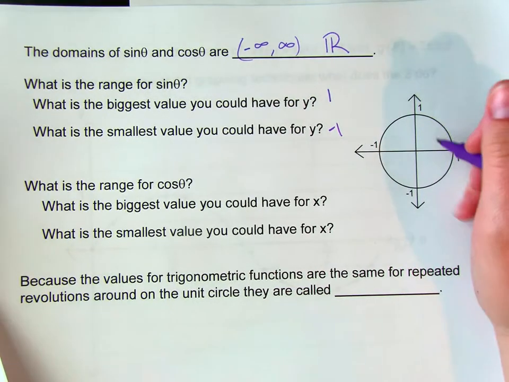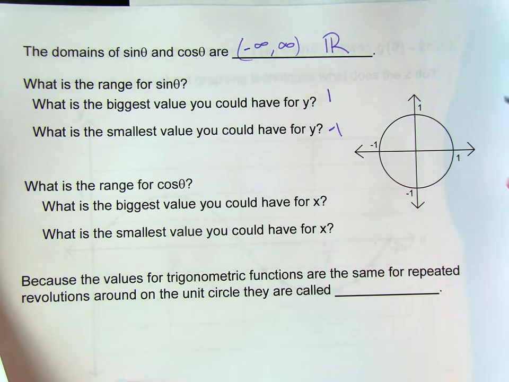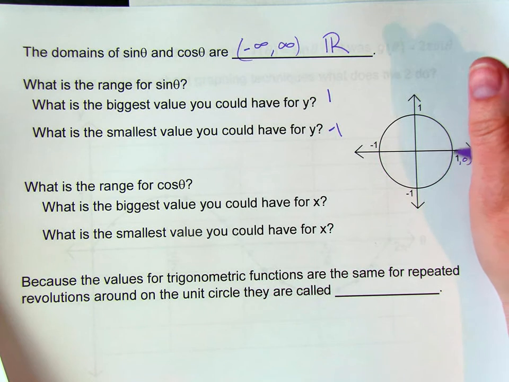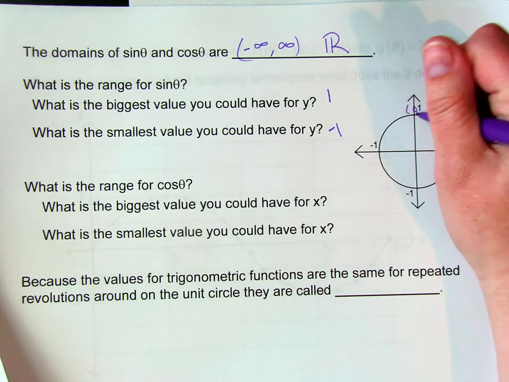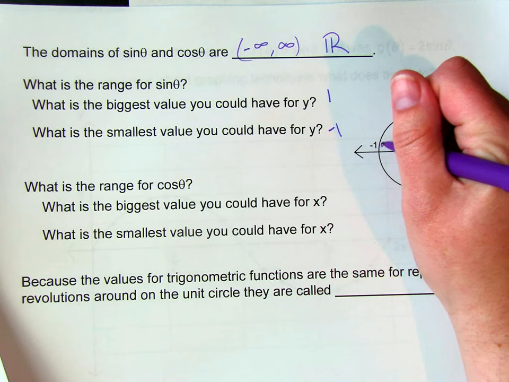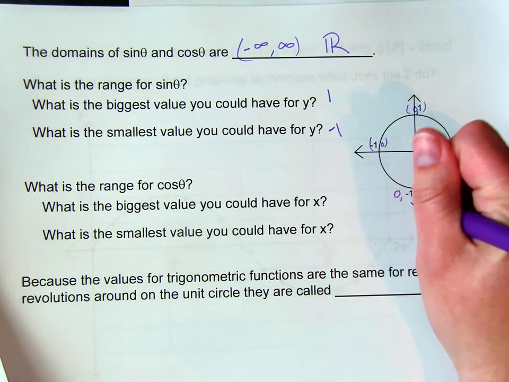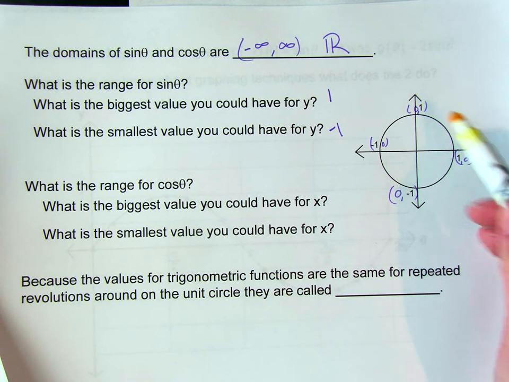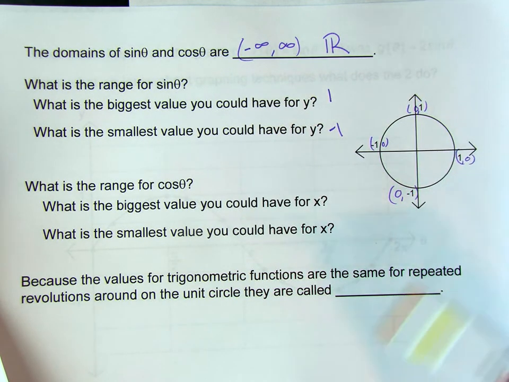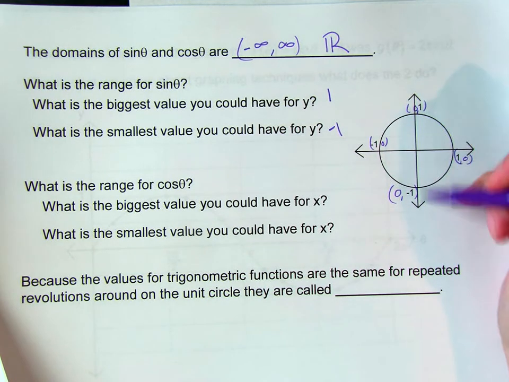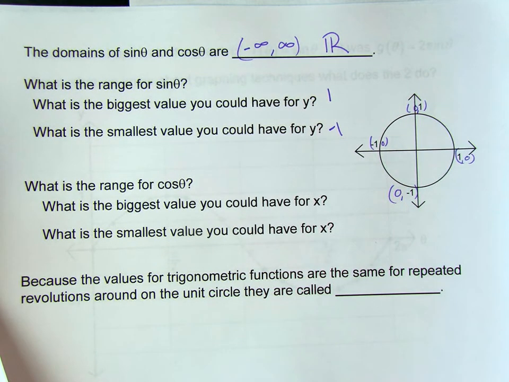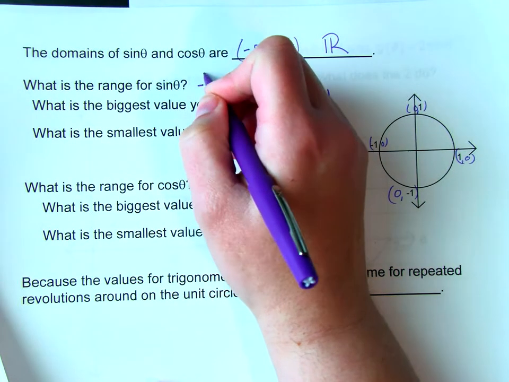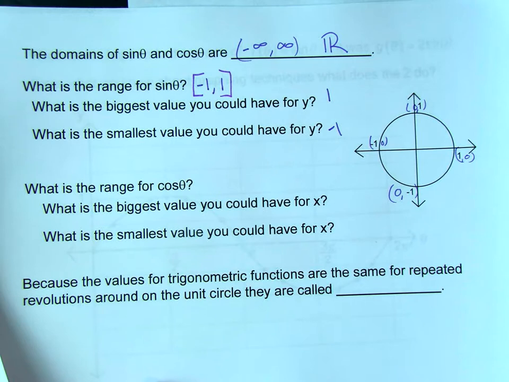On our circle, remember our ordered pairs, (1, 0), (0, 1), (negative 1, 0), and (0, negative 1): y coordinates are our sine values. So the highest that we can get is 1 and negative 1 there. So our range for sine is negative 1 to 1, square brackets, because both those values are included.